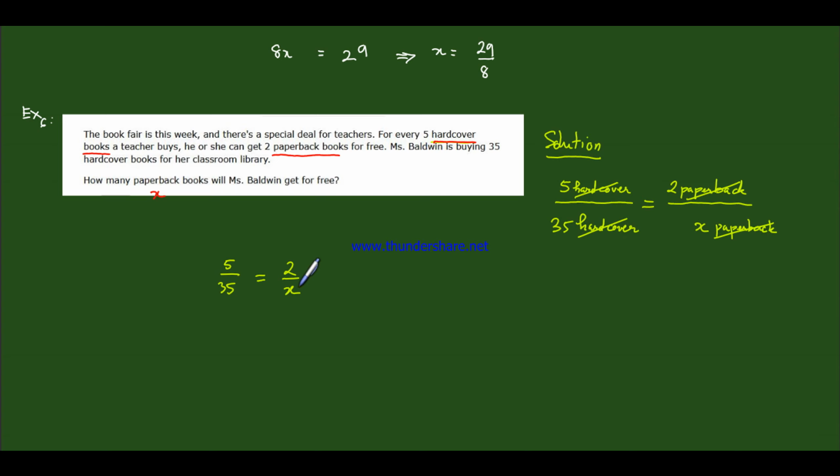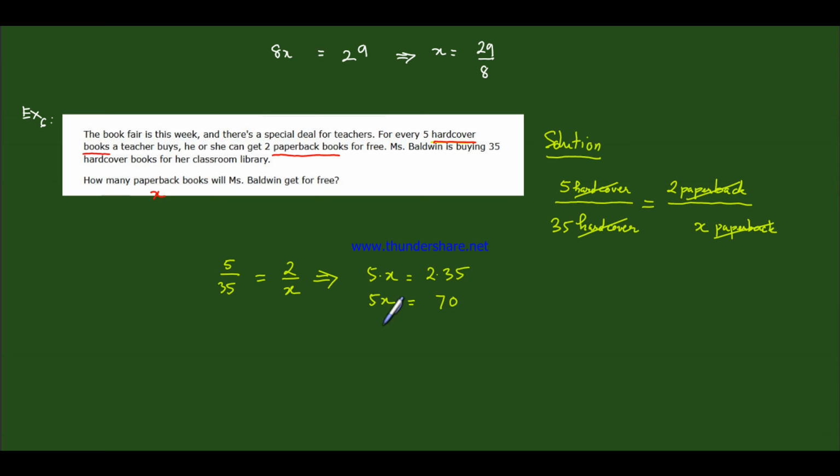So in order to get X, which is the number of paperback books, we're going to apply the cross multiply property. So we're going to multiply diagonally. So we have 5 times X equal to 2 times 35, which is 5 times X equal to 70, right?